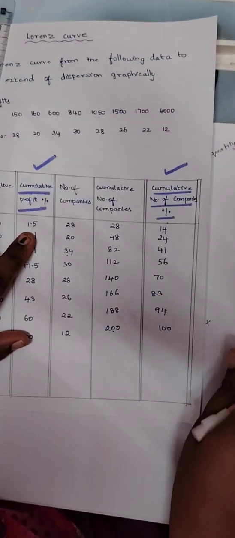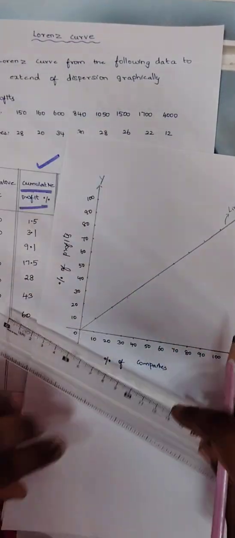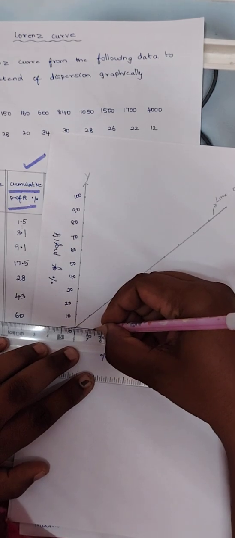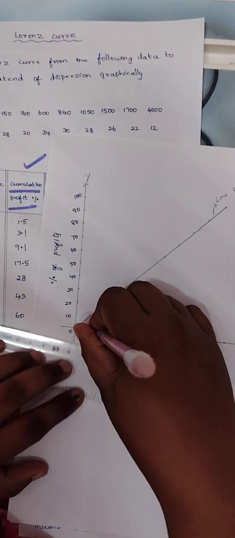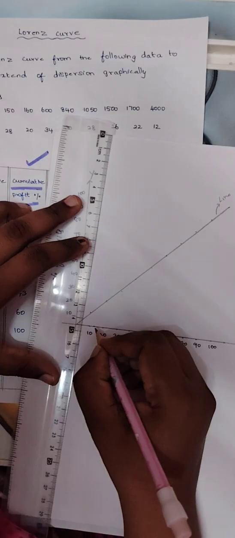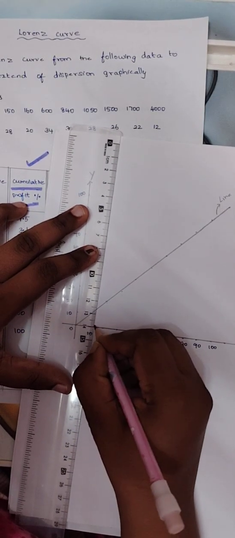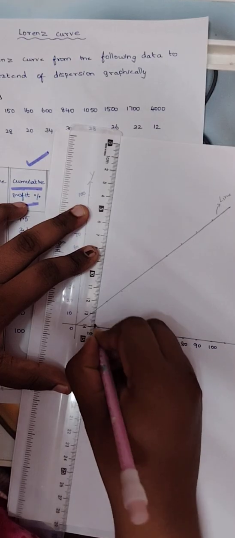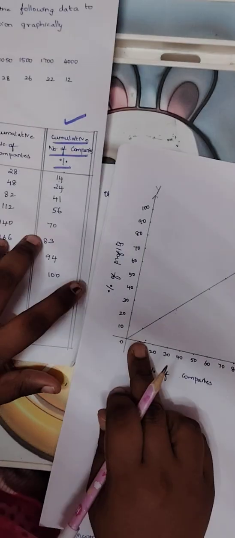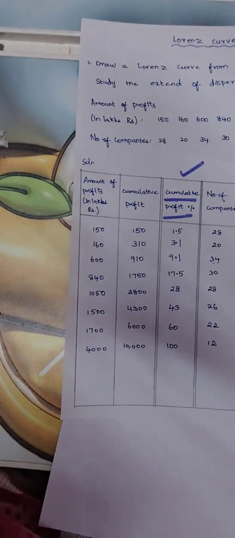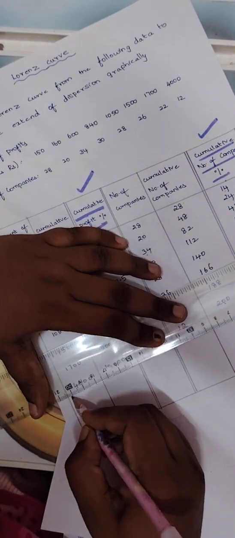If we trace the point 14 comma 1.5, 14 comes here, and 1.5 will be here. This is my first point, 14 comma 1.5. First I'll mark it here.